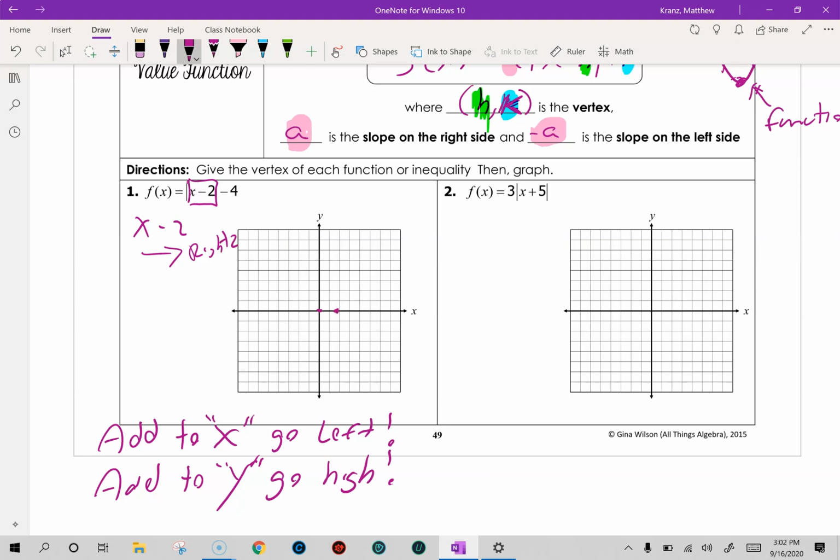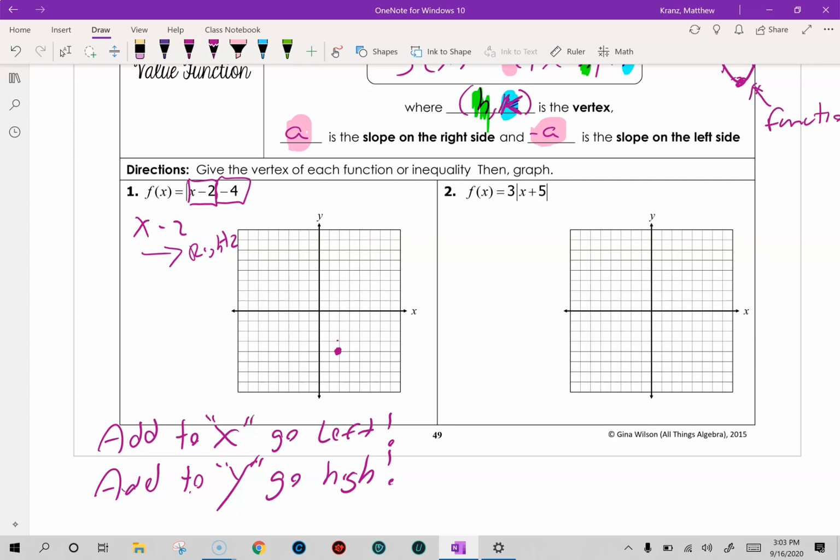Now, this right here tells us where our y is going. When it says add to y, go high. Well, we're not adding, we're subtracting. So we have to go down 4. 1, 2, 3, 4. So right here is our vertex at positive 2, negative 4.